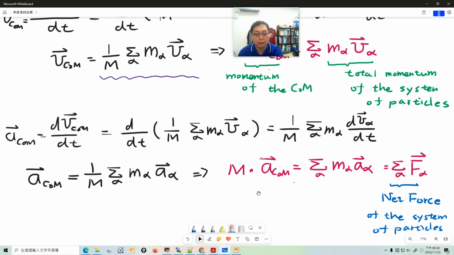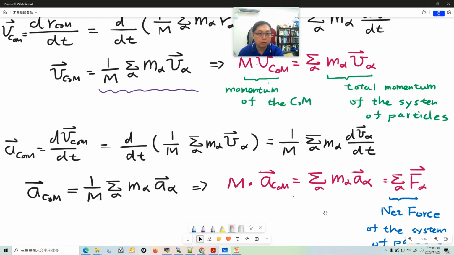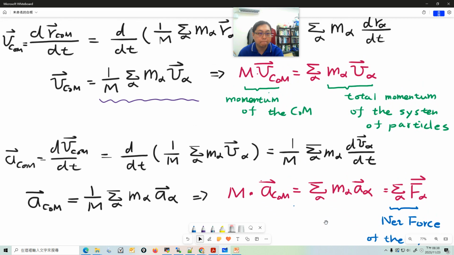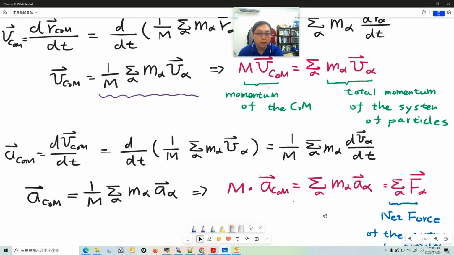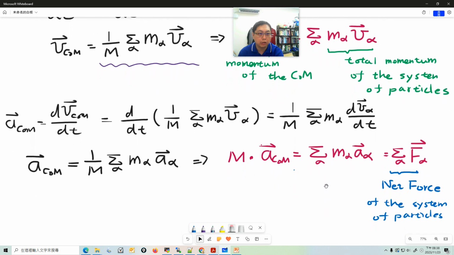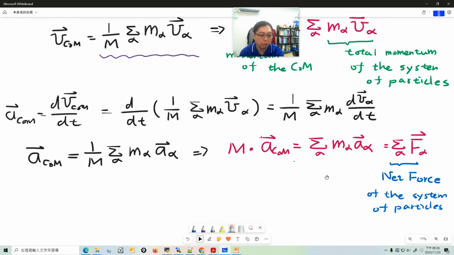Also, that can reduce lots of calculation burden. Okay, so let me show you the motion of the center of mass. You can see the center of mass here.